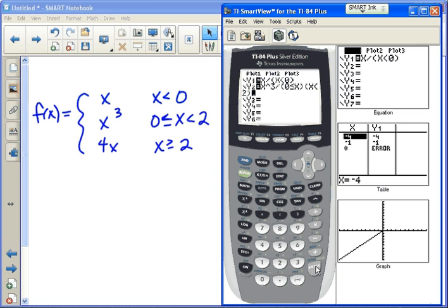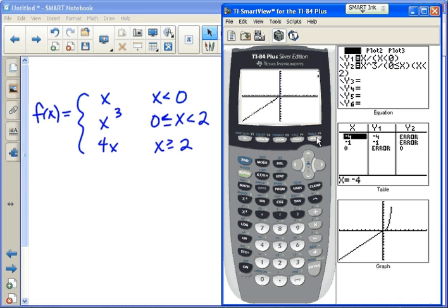Okay, so that takes care of these first two. Now the last one, 4x, I do divided by, or slash, parentheses, x greater than or equal to 2. We look at our graph, and it worked perfectly for us.